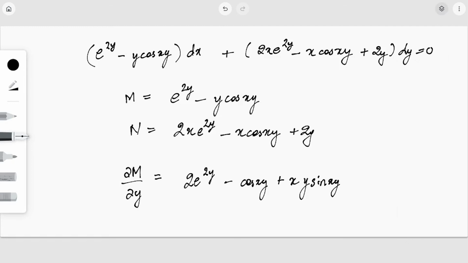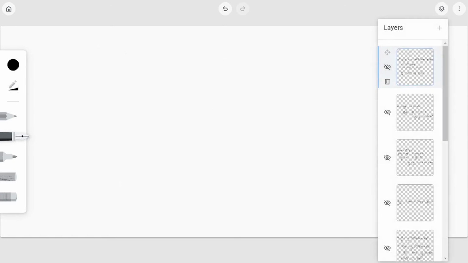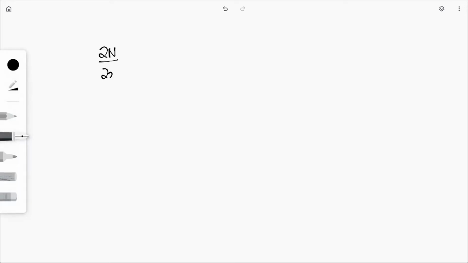Now let us see whether it is equal to dou N by dou x. What was our N? N was nothing but 2x e raised to 2y minus x cos xy plus 2y. So differentiate with respect to x. The derivative of this with respect to x is 2 e raised to 2y, and here again the product rule.